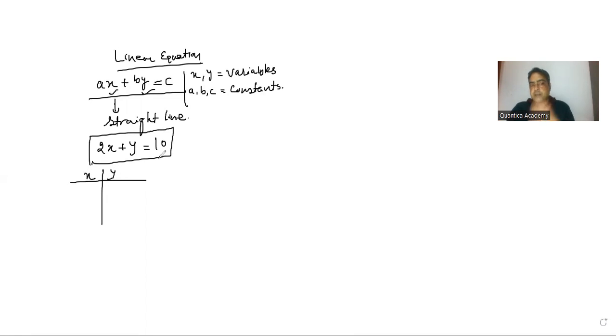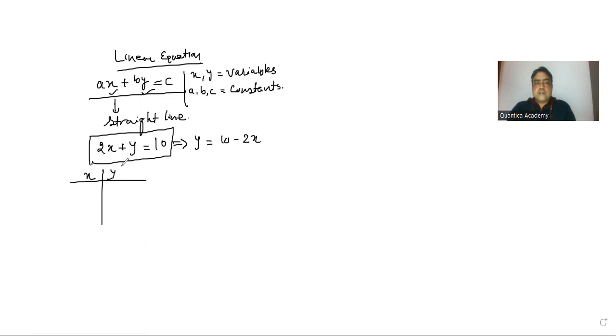We should write the equation in this form: y = 10 - 2x. This can be written by bringing 2x to the right side of the equality sign.